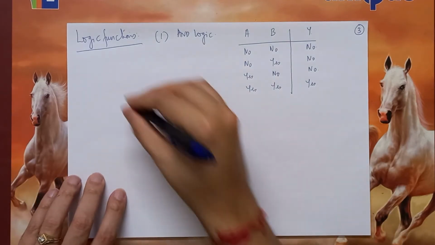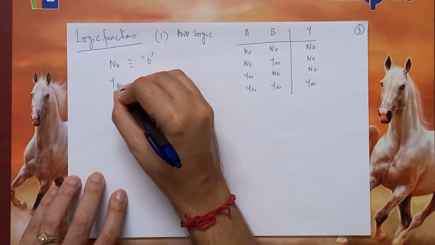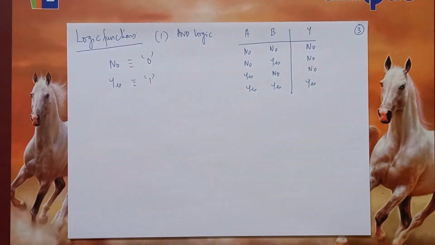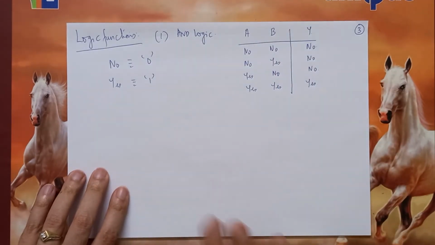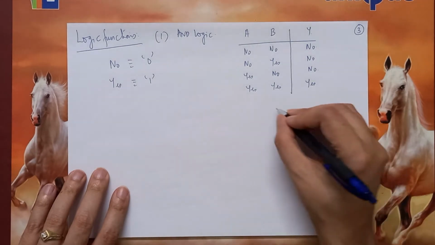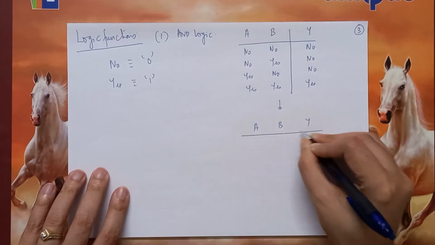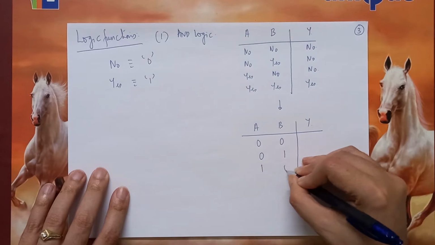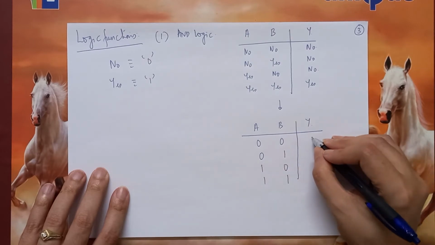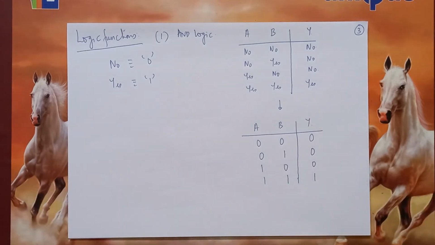Now we will assign no as logic 0 and yes as logic 1. So if I now replace this table with numeric equivalents, what I will get is this. This is how we represent the AND logic.